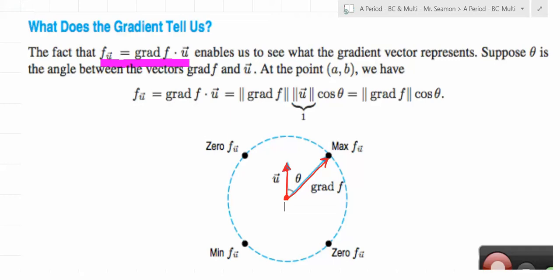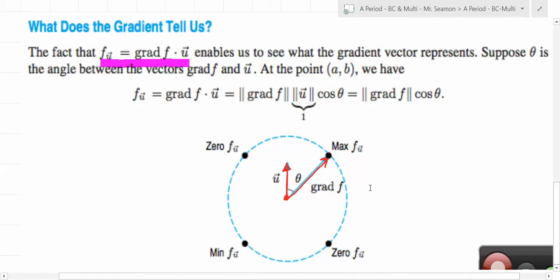The largest value cosine theta can be is 1. So to maximize the directional derivative, we go in the same direction as the gradient. They're both going in the same direction. So you can either think of it as this is fixed or this is fixed.